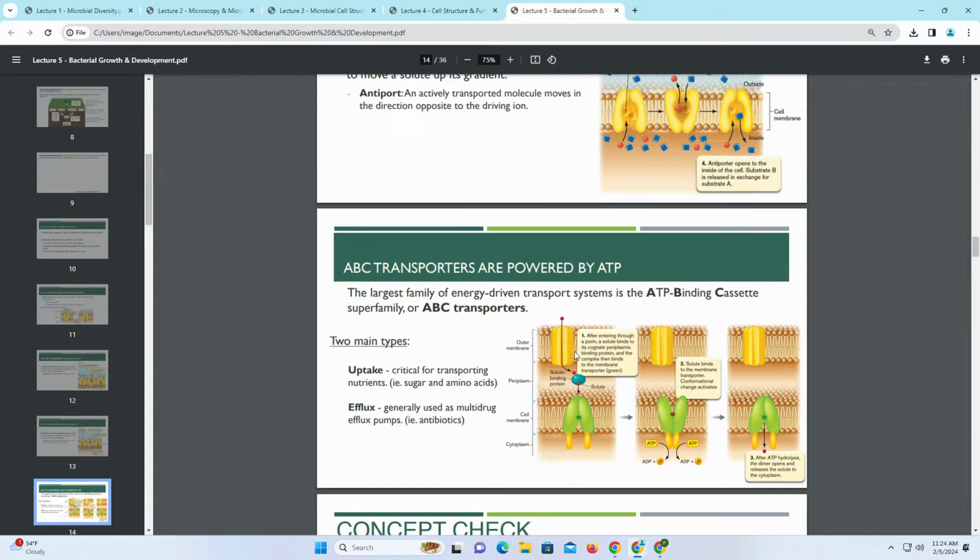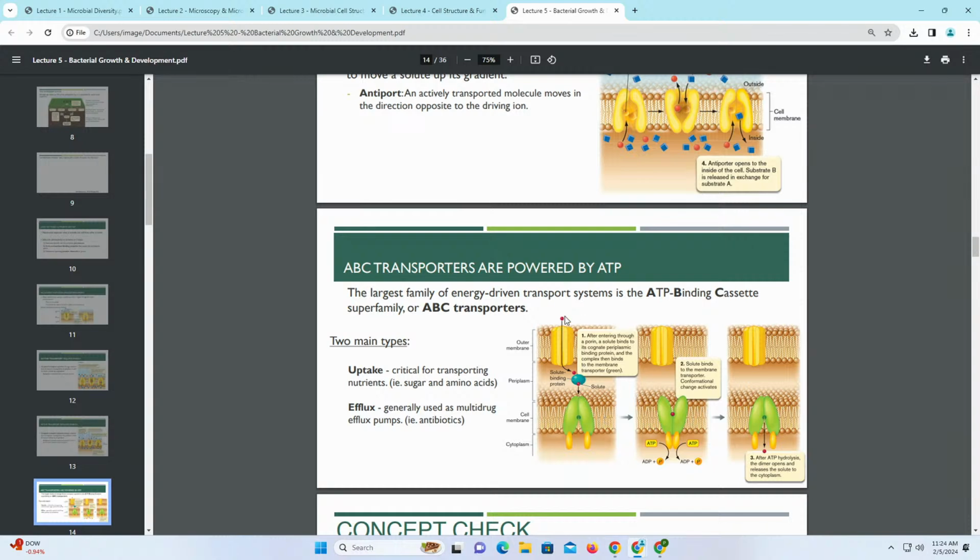The way this works is, this is a gram-negative cell that I'm showing you here, just for context. So you have the outer membrane, you have the periplasm, and you have the inner cell membrane right here. In the inner cell membrane, you have this membrane transporter, the ATP binding cassette, and you have these two dimers right here. This is embedded in the cell membrane, so it's a membrane-embedded protein.